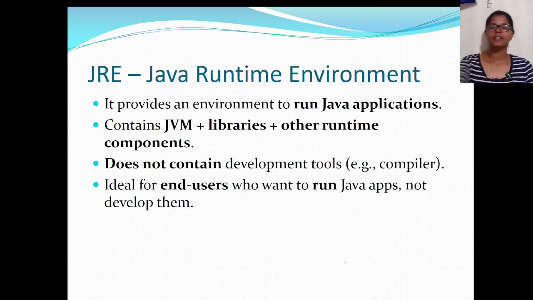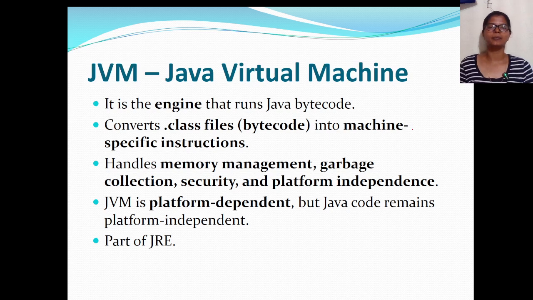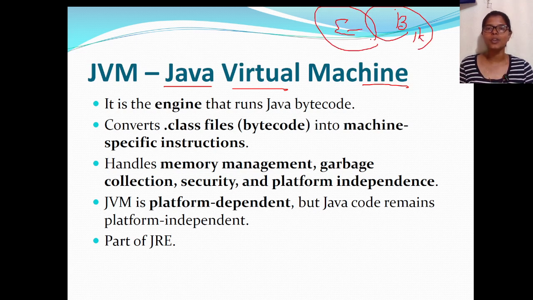Next, JVM. JVM is nothing but Java Virtual Machine. So what does it do? It is like a bike engine. Just as an engine is required to start a bike and plays a major role, in the same way JVM is like an engine to run Java bytecode.